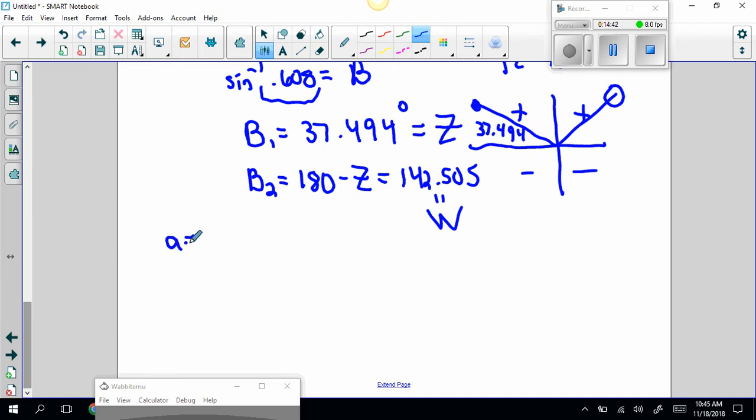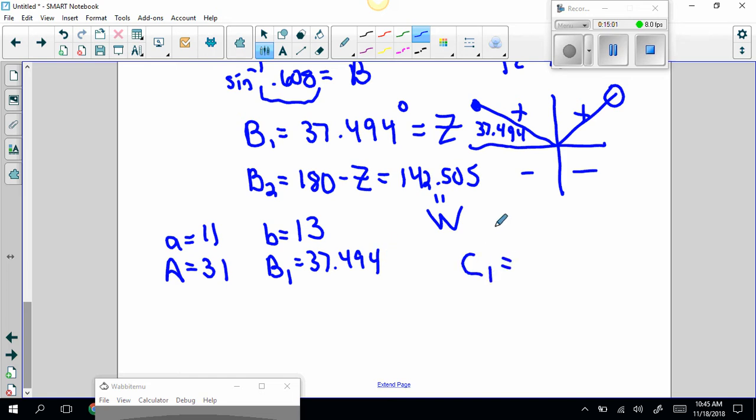Little a, it's 11, big A, 31. Then we got a little b, which is given, unchanging. But we got a B1, which is 37.494, giving us a C1, and the C we don't know. This plus this equals this.